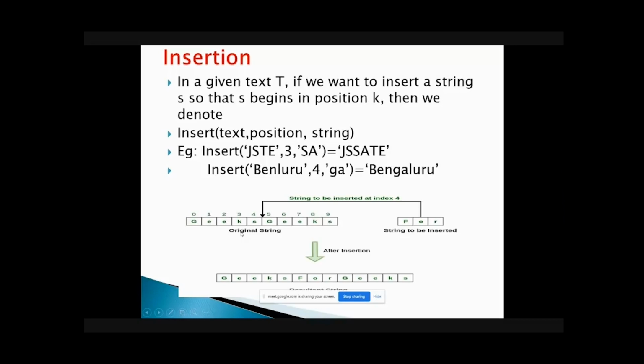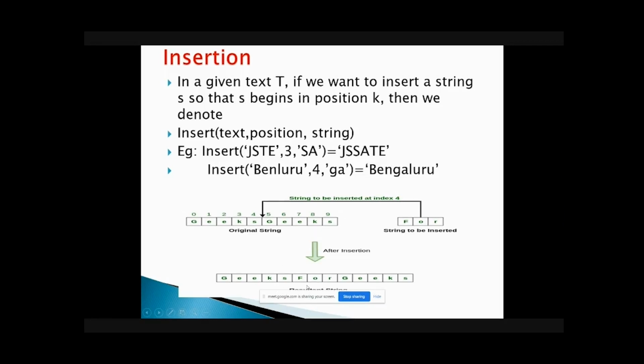So when I say index 4, it is like, sorry, 1, 2, 3, 4, 5, 6. Sorry, there is a mistake here. The position has to be 6. So from the 6th position onwards you are going to insert. That is GEEKS, then FOR, then the rest will be shifted towards the right. There is one small mistake, so please correct it: the position here is 6.